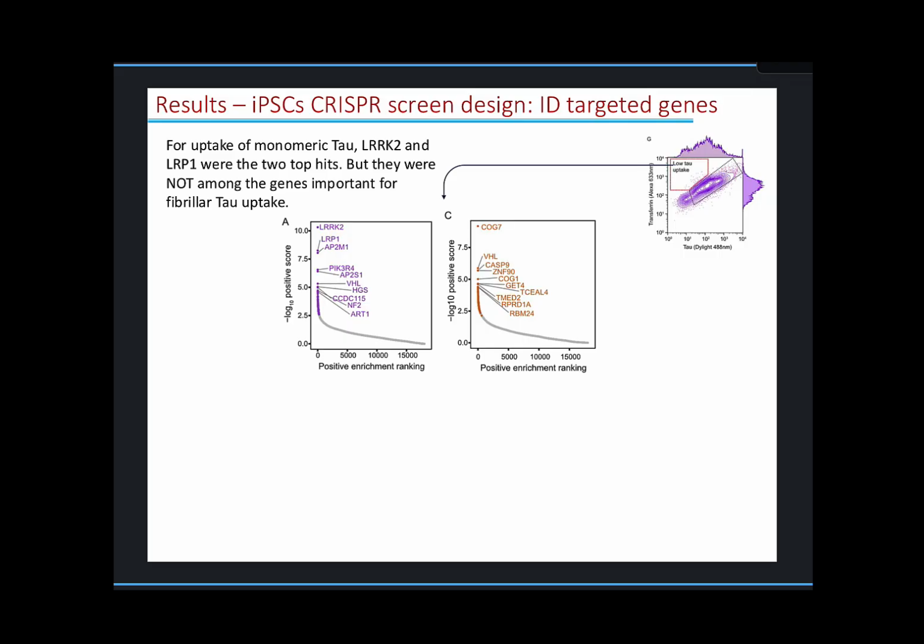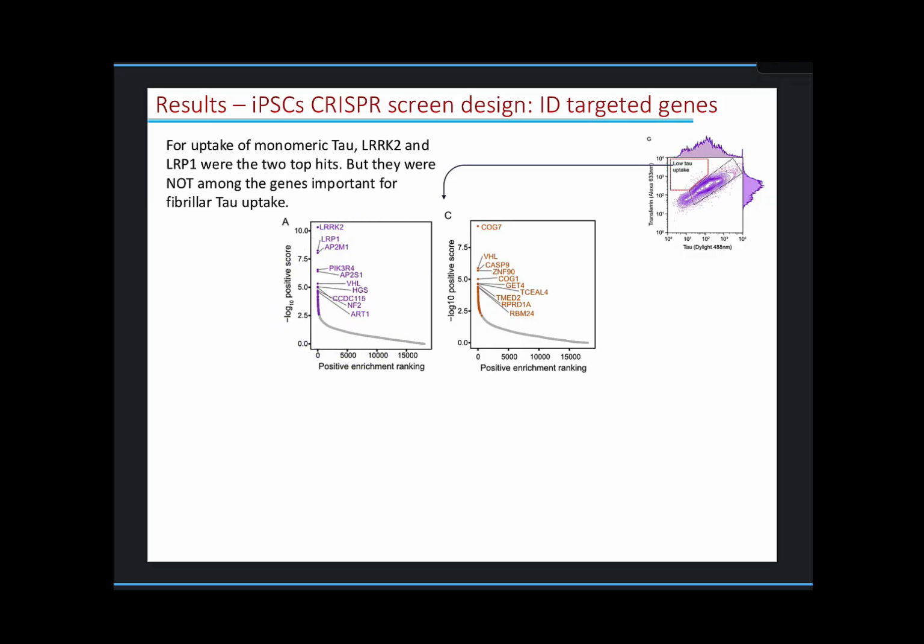And remember that they did this with two different forms of tau. Sometimes they were exposing the cells to monomeric tau, sometimes to fibrillar tau, the tangles, the NFTs. So when they exposed the cells to monomeric tau, they identified these genes here.